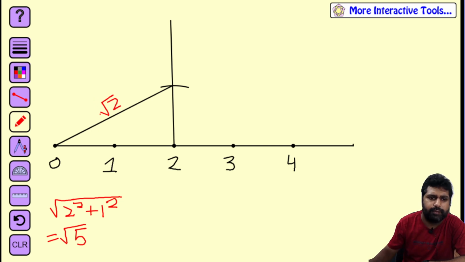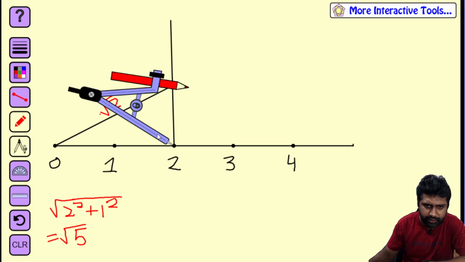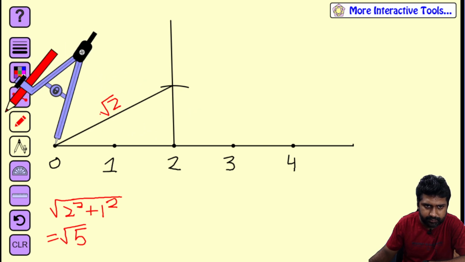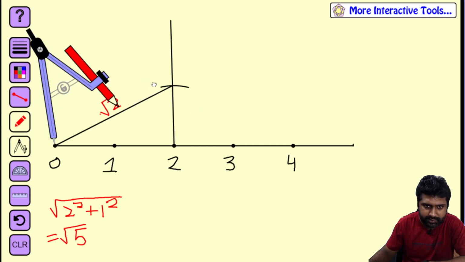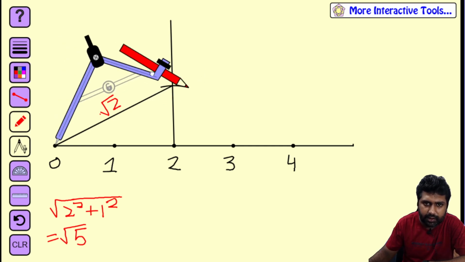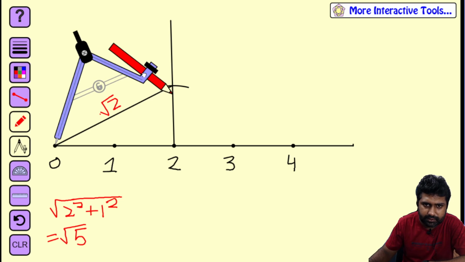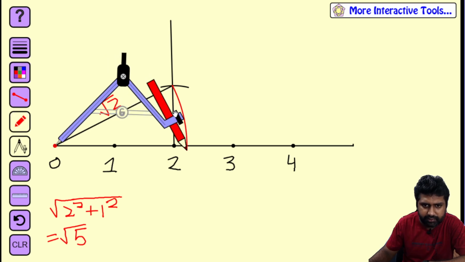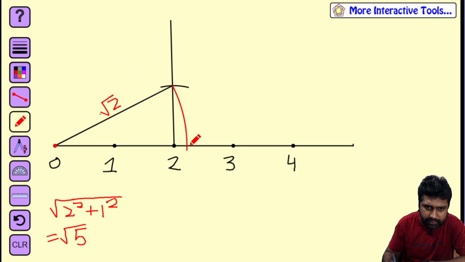If you want to take this down, what you need to do is place your compass on that 0. You need to measure this, and trace it down. Wherever it cuts on the number line, that point is your root 5.